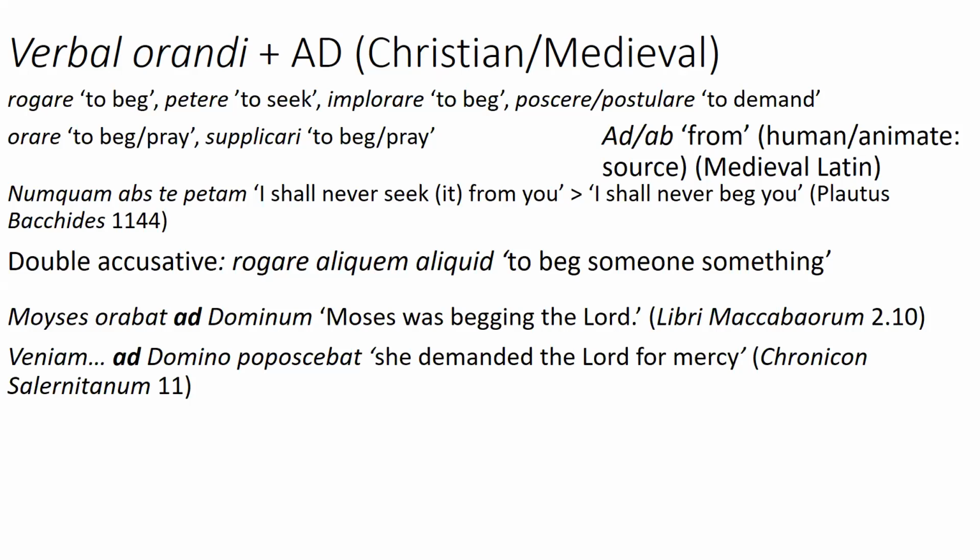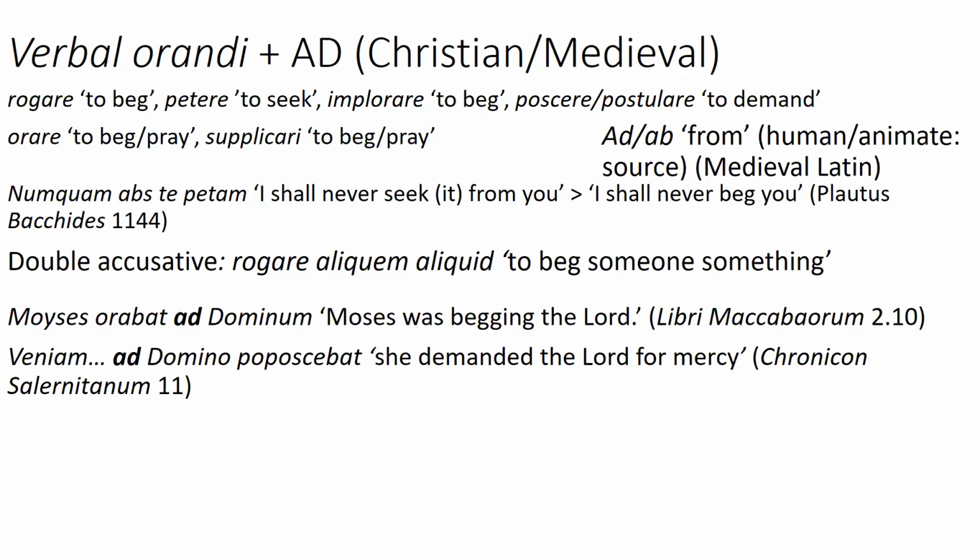In the second example, which is secular, the Chronicon Salernitanum is not a religious piece of text, but we get examples like this: poposcebat ad dominum veniam. She demanded the Lord for mercy. This would originally be she demanded mercy from the Lord, ab being confused with ad.